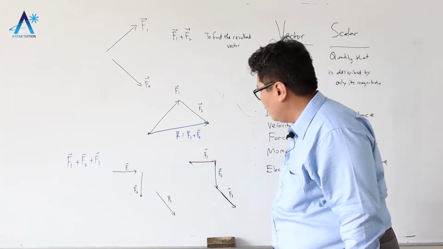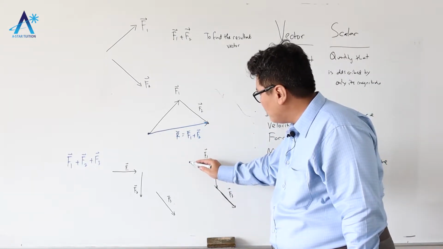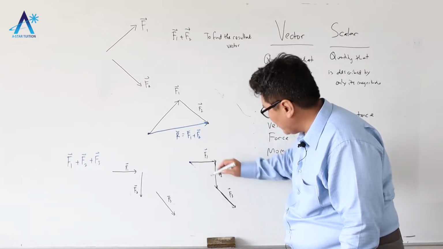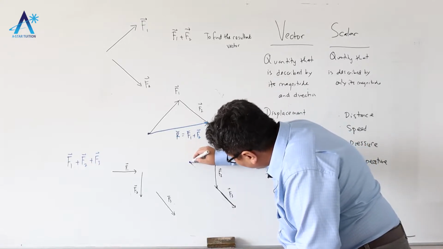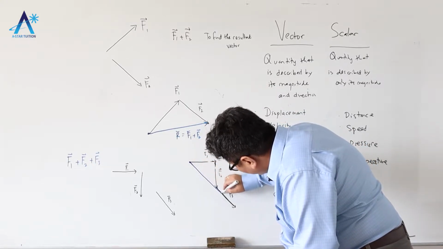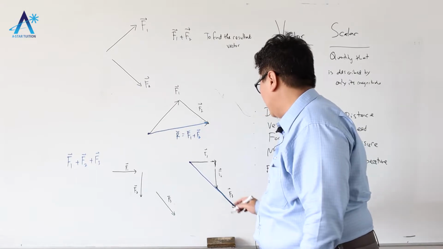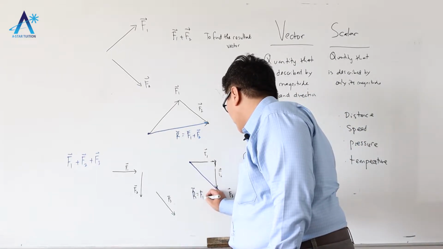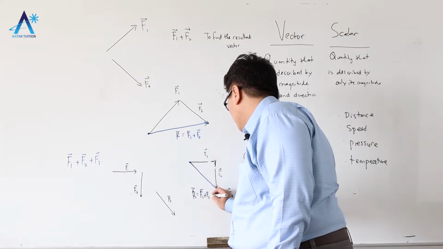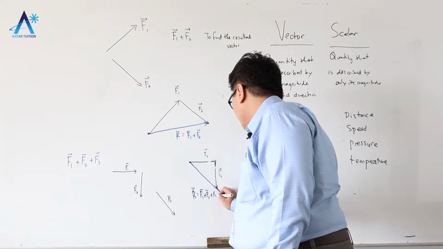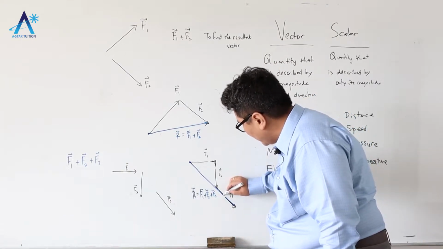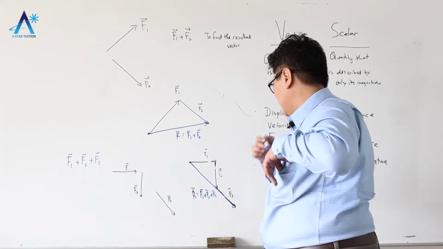Then we draw a straight line from the tail of F1 to the tip of F3, like this, and this should give you the resultant F1 plus F2 plus F3. So this blue line segment is the resultant.